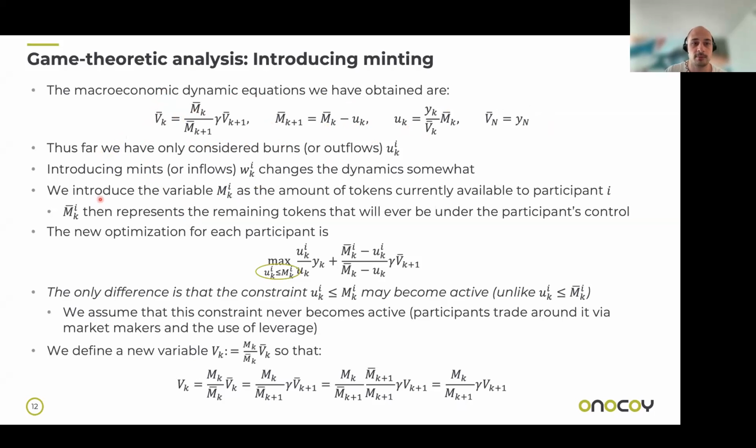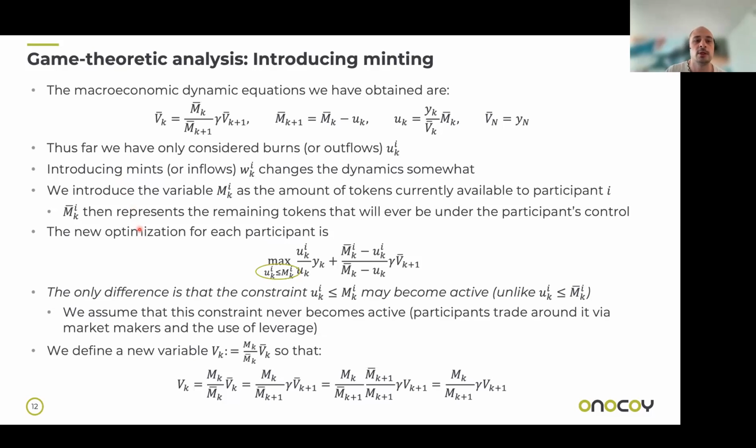And we now need to introduce mints. So how do mints change the dynamics? And the answer is that they do change things, but they change things in very complex ways, potentially, but maybe not.